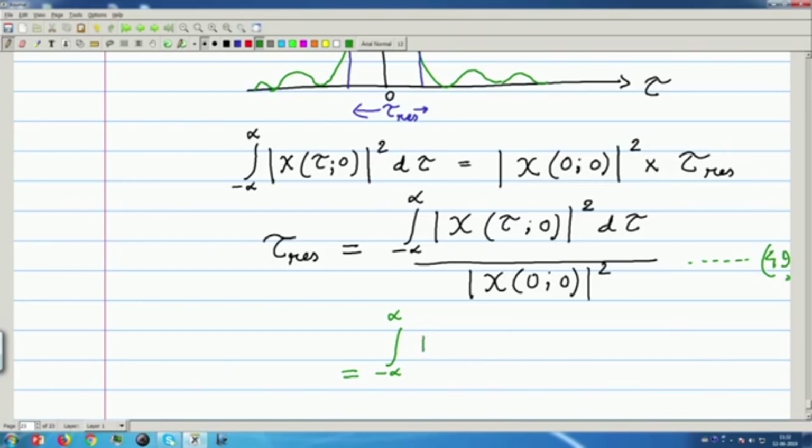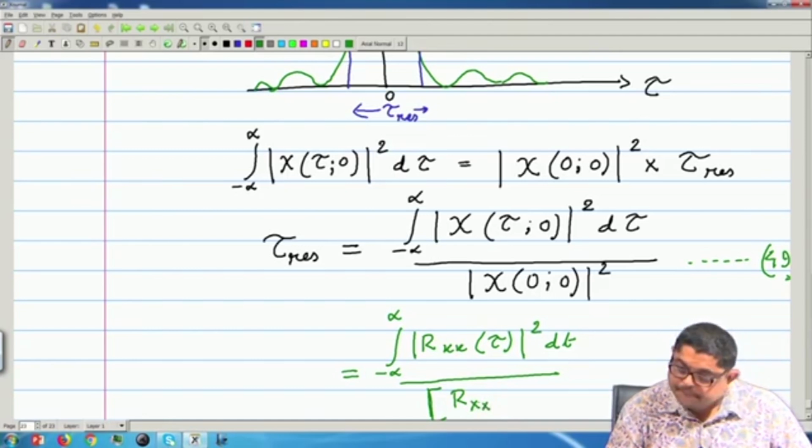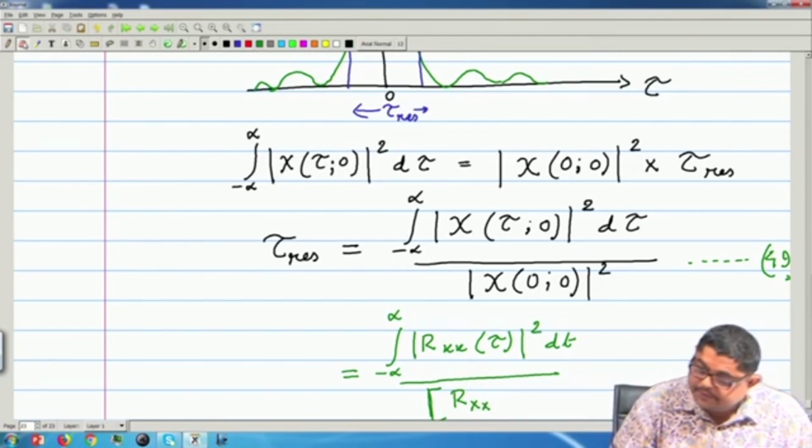So, we know that this is nothing but the autocorrelation, which should be small x.